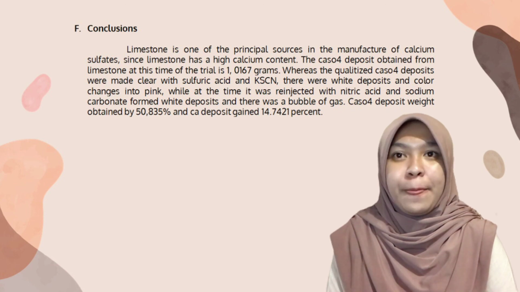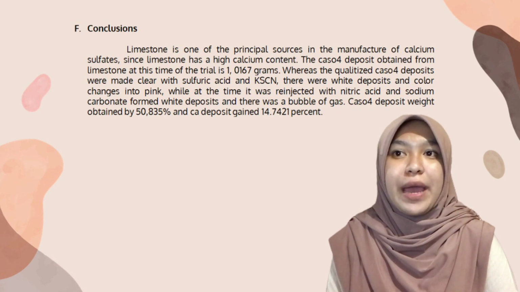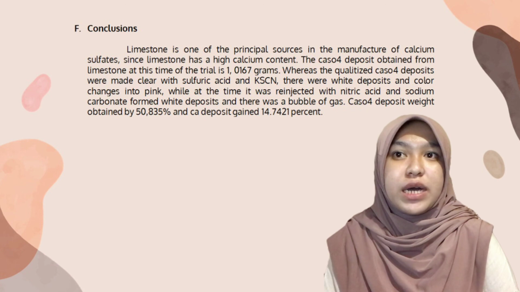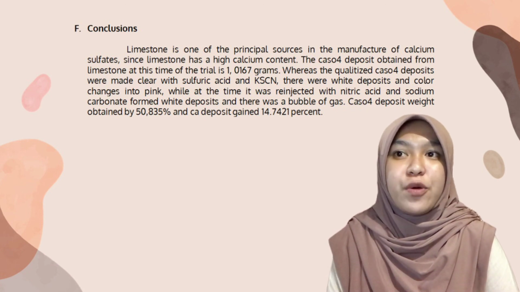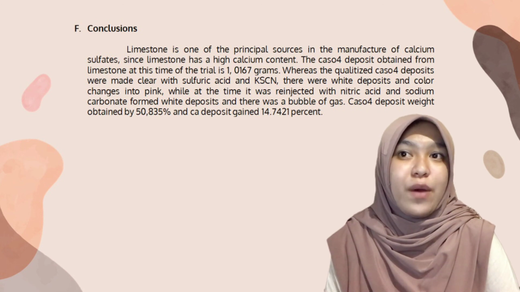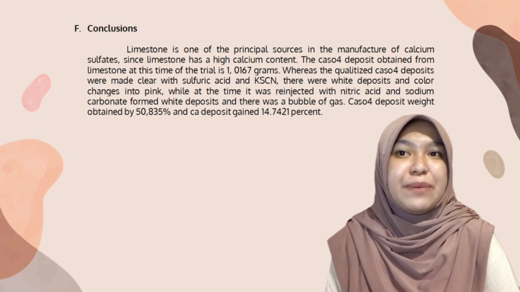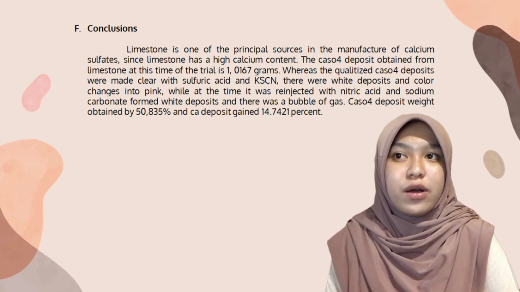There was a deposit and the color changed to pink, while when it was reacted with nitric acid and sodium carbonate it formed a white deposit and there was bubble gas.